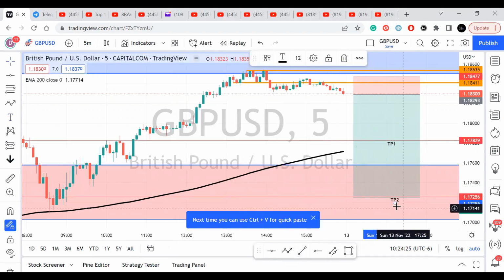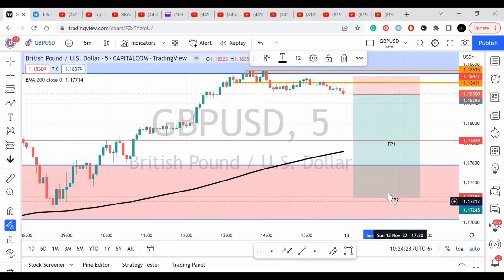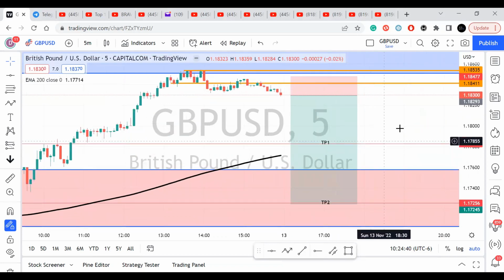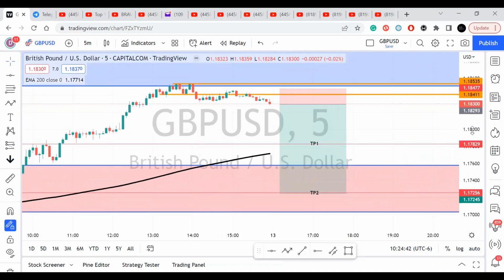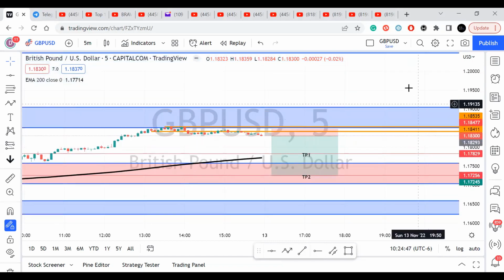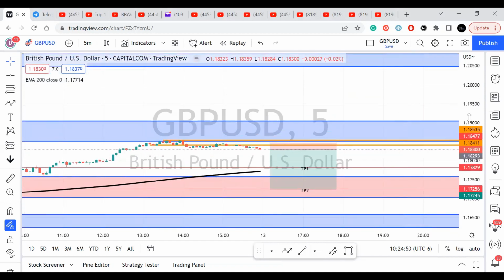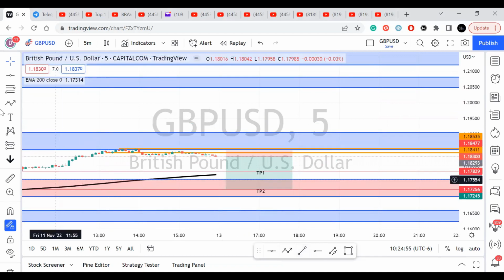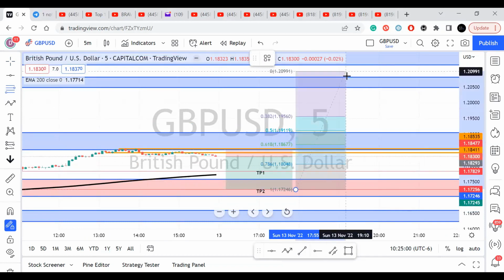So I'm expecting a buy from this zone. Once price comes back into our daily zone, I'll be expecting a break of structure to continue the buy. And for the next buy, I'm expecting a big buy to this next zone. That will probably be from Monday and Tuesday. So I'm expecting a big buy from somewhere around here.